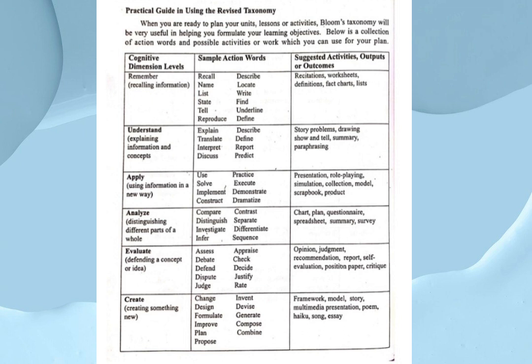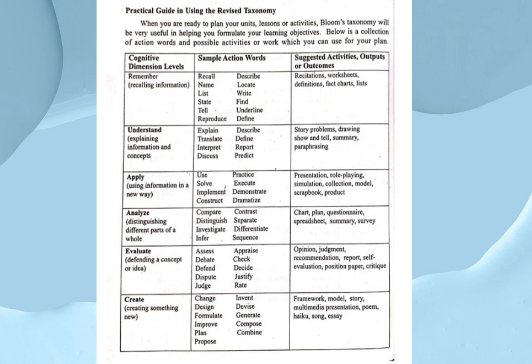Cognitive dimension levels: analyze, distinguishing different parts of a whole. Sample action words: compare, contrast, distinguish, separate, investigate, differentiate, infer, sequence. Suggested activities, outputs, or outcomes: chart, plan, questionnaire, spreadsheet, summary, survey.